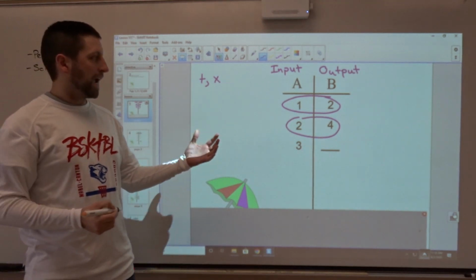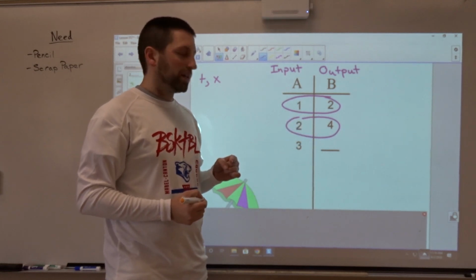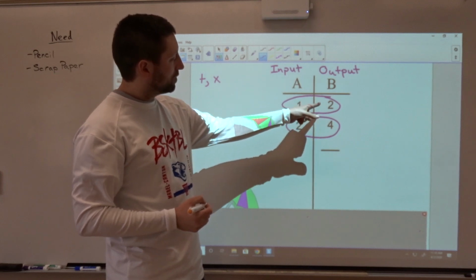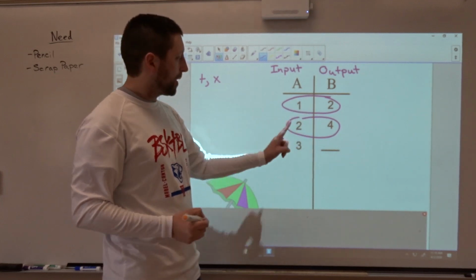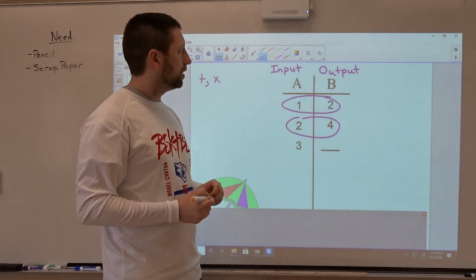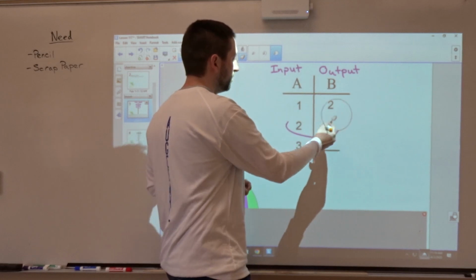Now if I was adding, the difference between these two would be the exact same every single time. The difference between 1 and 2 is 1. The difference between 2 and 4 is 2 though. So I can't be adding. I actually have to be multiplying for this one.